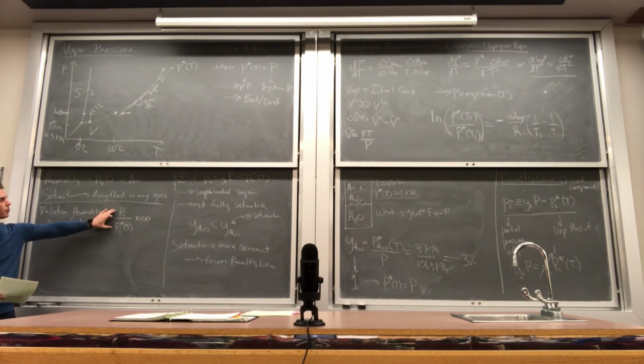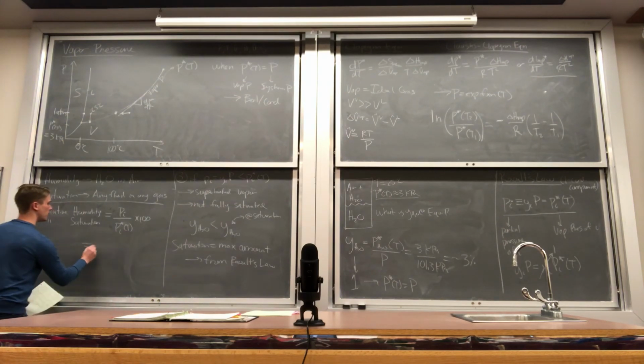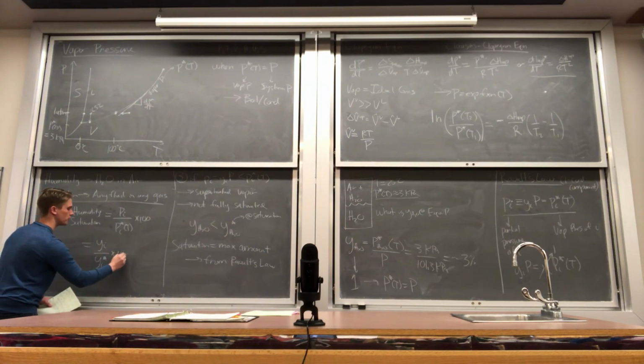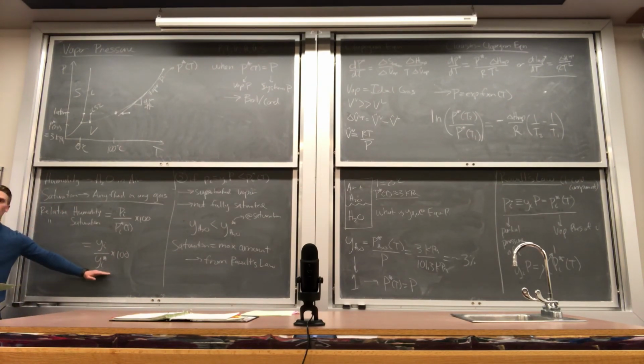Right, so if you substitute in Raoult's law for both of these expressions, or the definition of partial pressure, you could also write this as y of i divided by y i star times 100. So when the water in the air is at its 100% maximum limit, that is 100% humidity. If you have no water in the air, then you have 0% humidity.